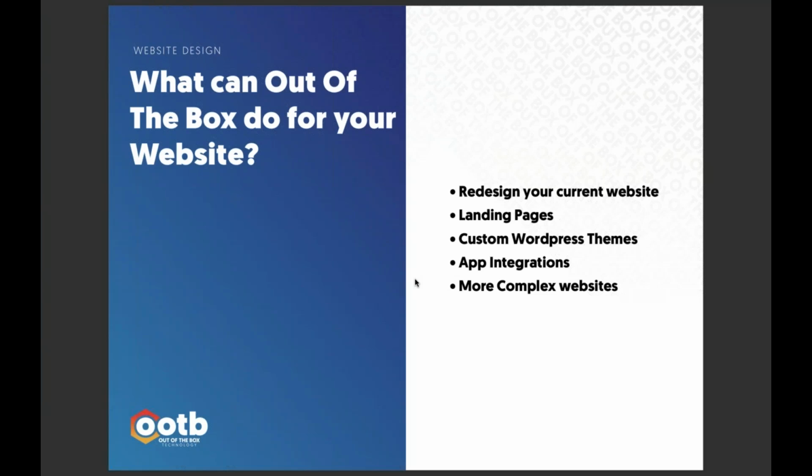So if you have a product specifically you want to sell and create a new website for and create a new splash landing page for, we can design that for you. We work very well with WordPress too, so if you want a custom WordPress theme, we can create that for you, or we can customize themes. We can also maintain your WordPress website if you already have one, or maybe you're having problems with your WordPress website. We can take a look at that and probably fix it up for you.